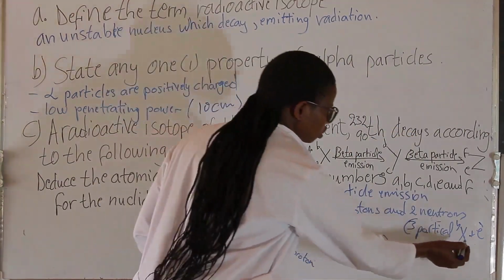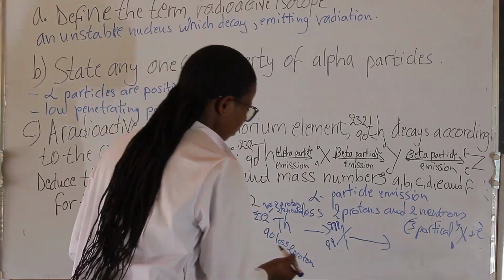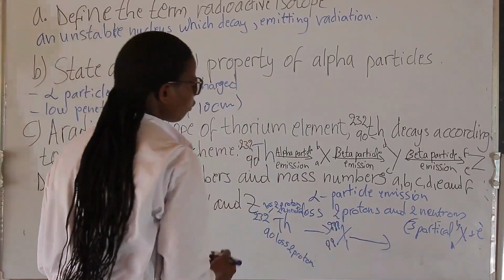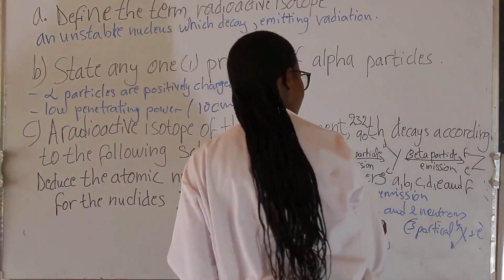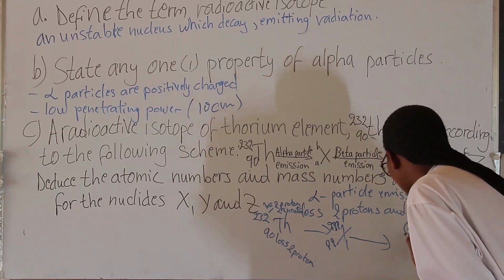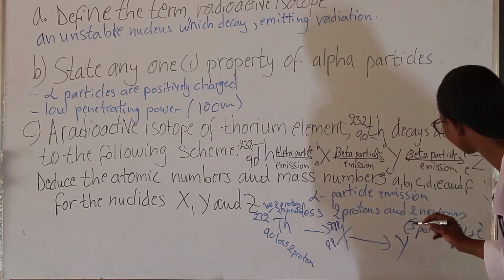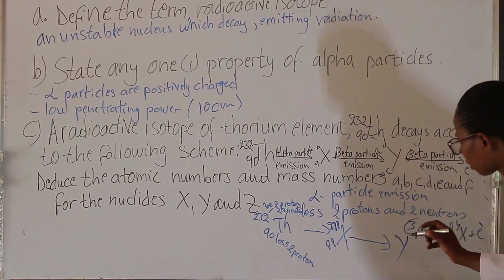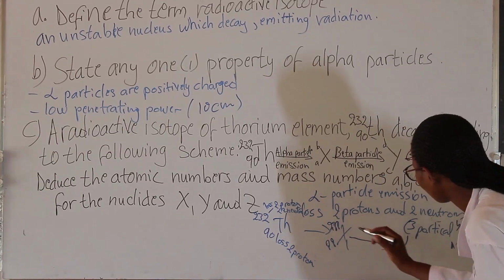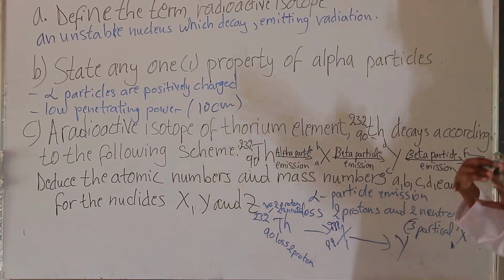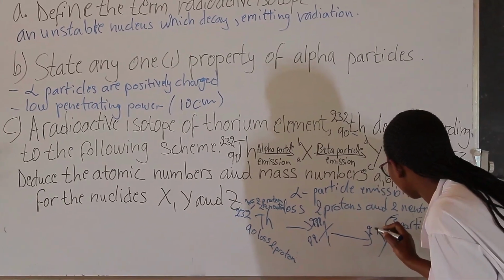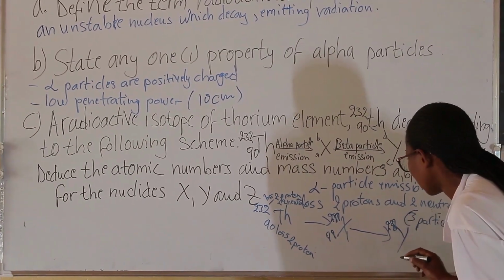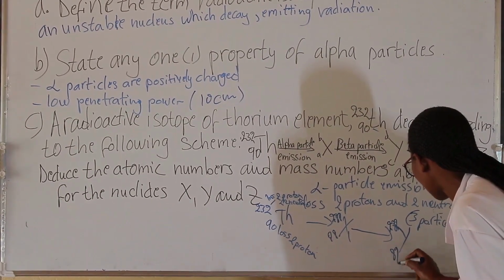This electron should be added to the atomic number. Here we have Y with D. The atomic mass will remain, because no neutron is gained or lost, so it remains with 228 and 89.